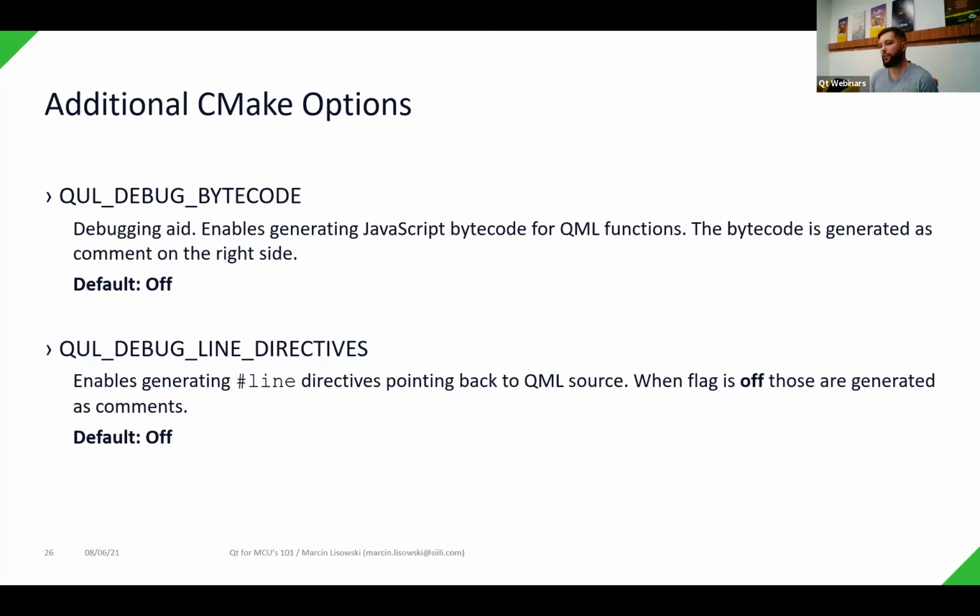QL debug line directives enables generating the line directives that will point back to your QML source, as all QML sources are converted to C++ during the compilation process, and then that C++ code will have the line directives, which will point back to the QML source and will tell your debugger where to place your step instruction, let's say.